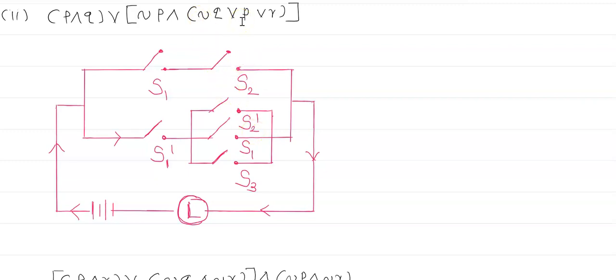They are parallel with P, that is S1, and parallel with R, that is S3. Once again I will repeat here: P and Q, S1, S2, or in parallel with this total block, which is S1 dash in series with negation of Q, S2 dash, and S1 and S3. In this way we have the circuit diagram for the given statement pattern.